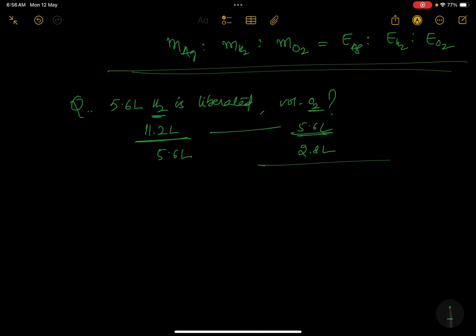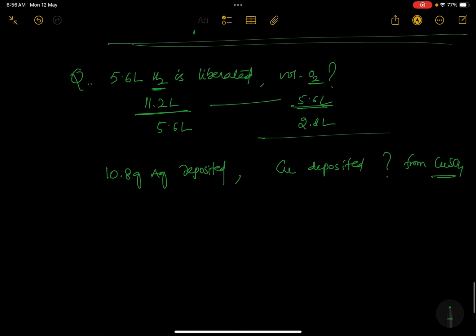Okay. If 10.8 grams of silver is deposited, how many grams of copper will be deposited from copper sulfate? So mass of silver by mass of copper is equal to equivalent weight of silver by equivalent weight of copper.